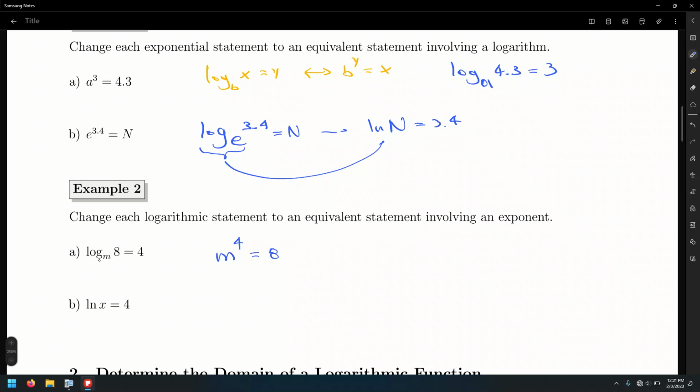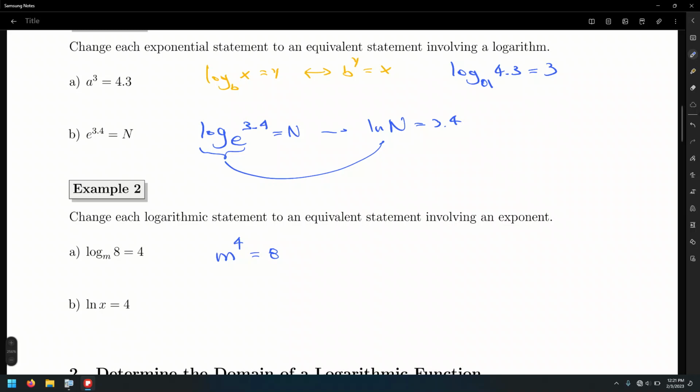That means log base m of 8 equals 4 because m to the 4th equals 8. Right? The base raised to the power equals the argument of the logarithmic function.